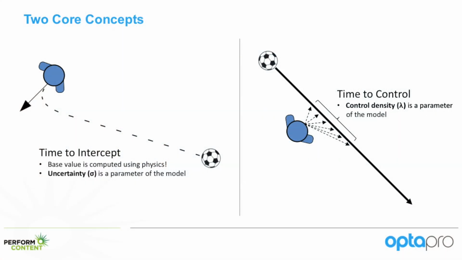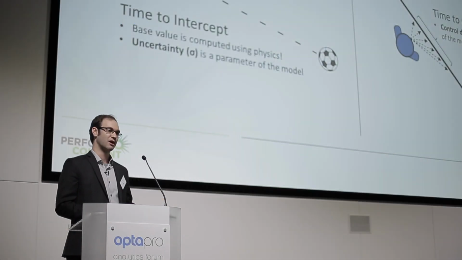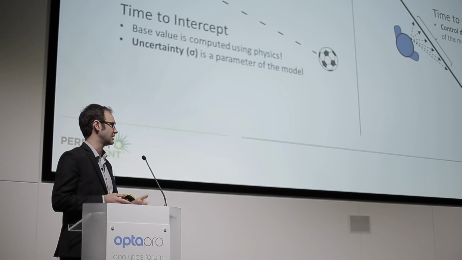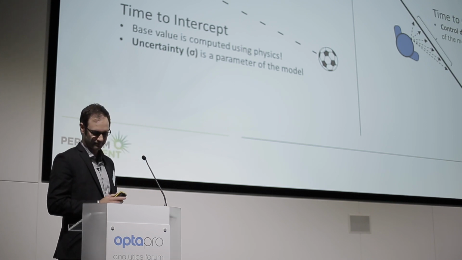Then the control density is how much weight do we assign per time segment to your ability to control. So the way you can think of that lambda, that control density, is how long do I have to be around the ball before I have a reasonable chance of controlling it. So for most people, that's going to be some fraction of a second.